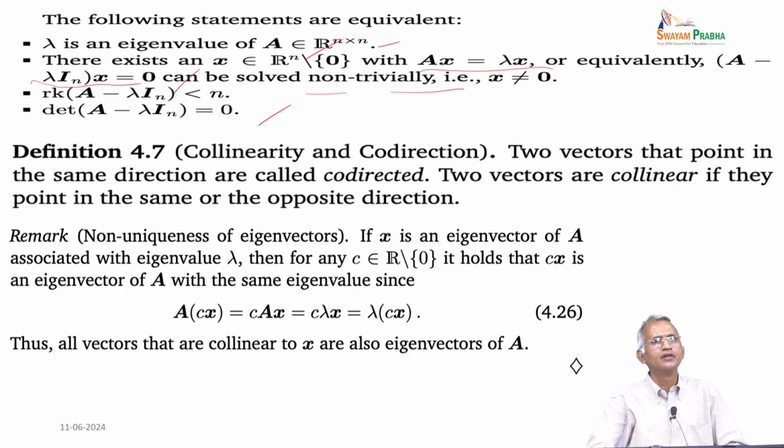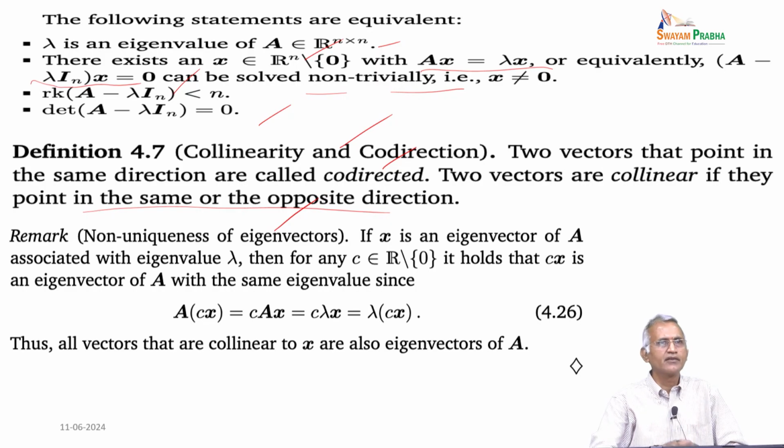According to the definition of collinearity and co-direction, two vectors that point in the same direction are called co-directed. Two vectors are collinear if they point in the same or the opposite direction. Note the non-uniqueness of eigenvectors.